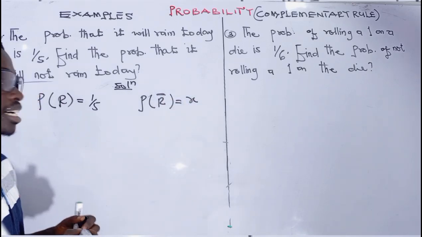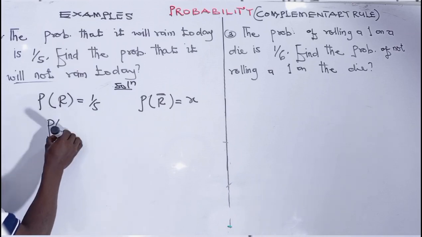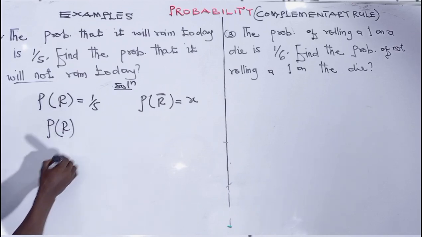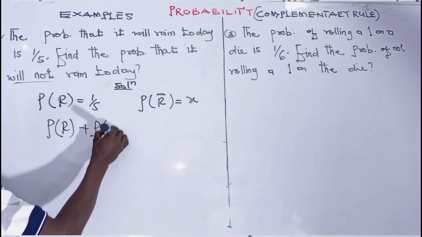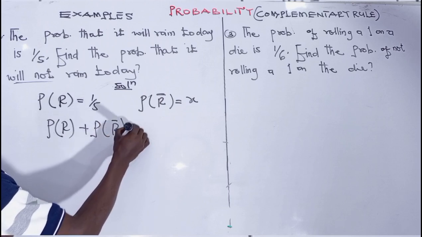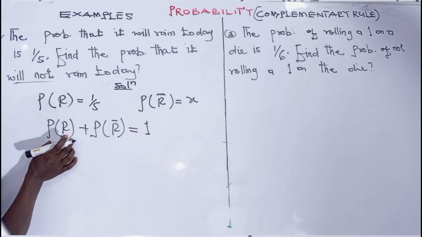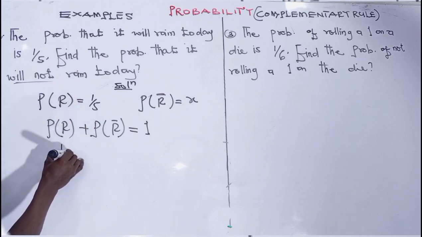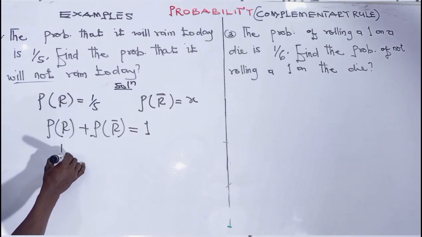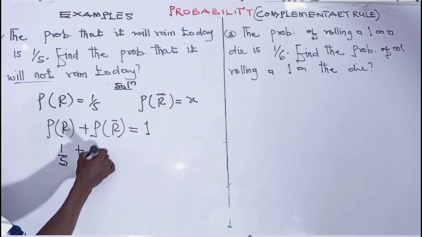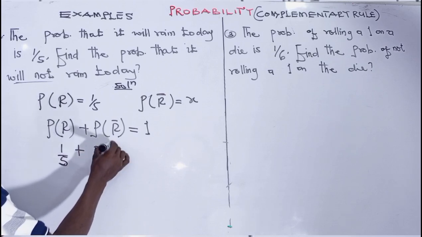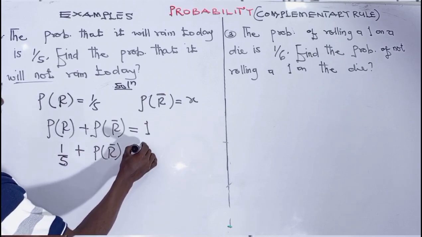We have just learned that the probability of an event occurring plus the probability of that event not occurring must give us what? 1. The probability that it will rain today is 1 over 5 plus the probability that it will not rain today, we don't know, is equal to 1.